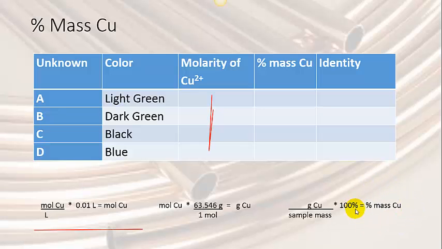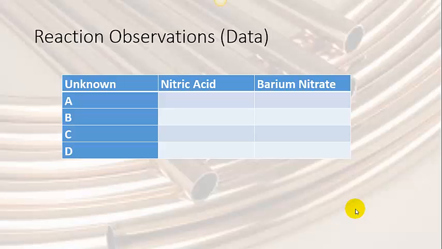And recall, you are going to compare your percent mass of copper from your unknowns to your known percent masses of the 4 possible compounds. That information will give you the identity of 2 of the 4. You need more. You need to react each of your 4 compounds with nitric acid and barium nitrate.